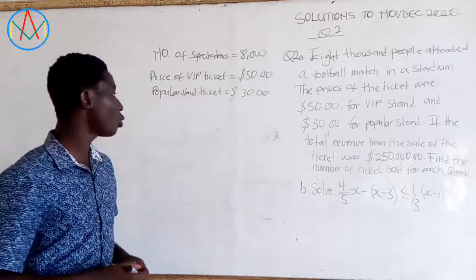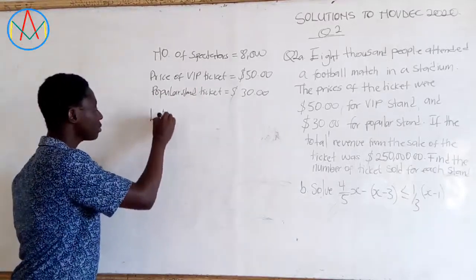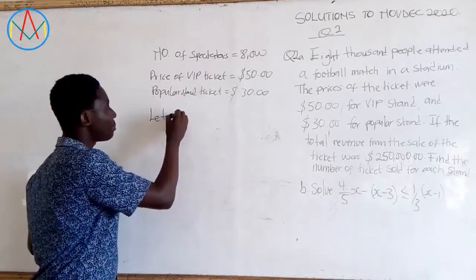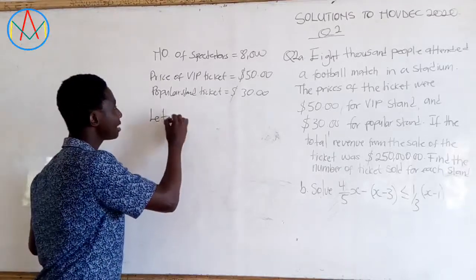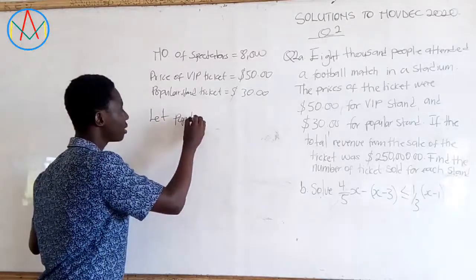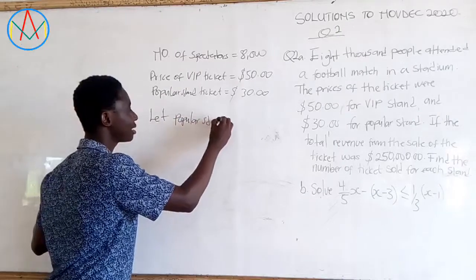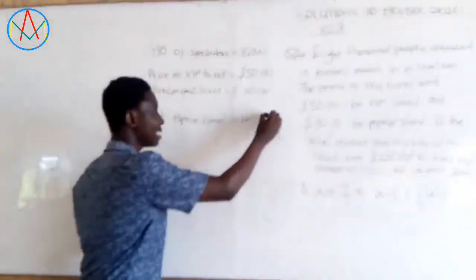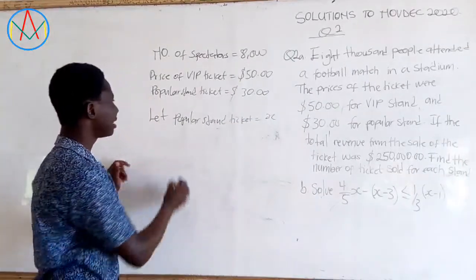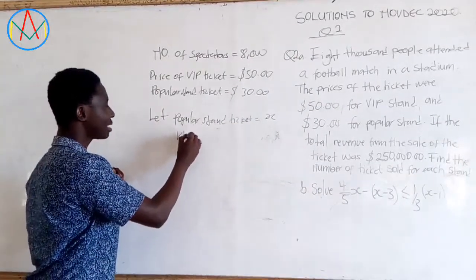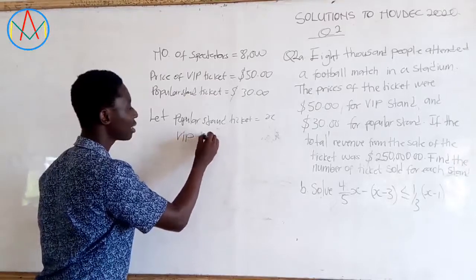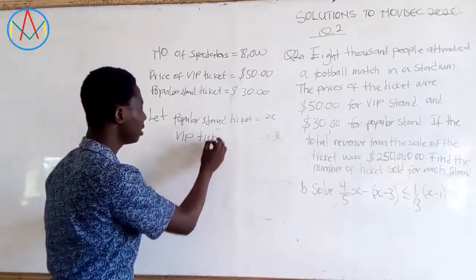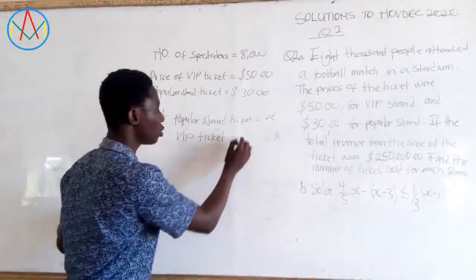We don't know. So we are going to let popular stand ticket be equal to, let's say, X, and VIP ticket to be equal to Y.